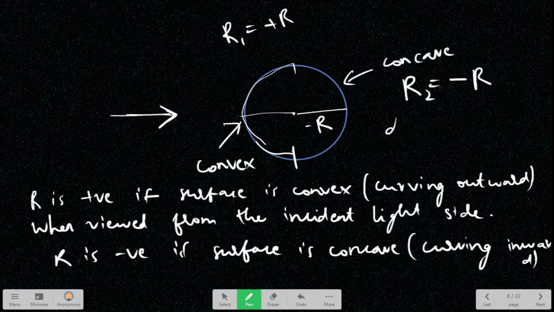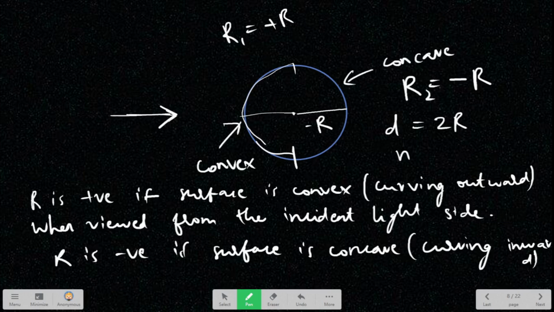And d, the thickness of the lens material, the thickness of the sphere, is 2R, the diameter, and the refractive index is given to be n. n is the refractive index of the lens material.